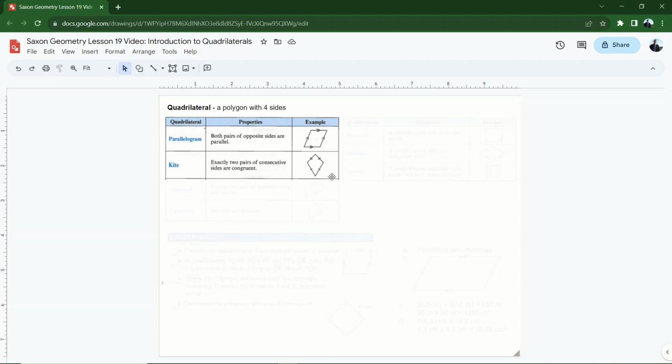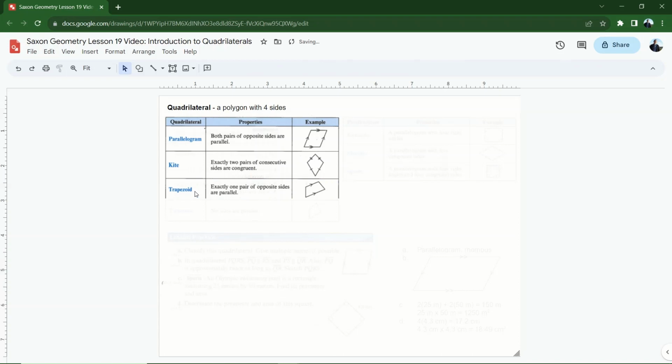Why does this take on the shape of a kite? The reason is that one of the pairs of sides is going to be longer than the other pair. There's still going to be congruent consecutive sides, but because we have one longer pair, that longer pair is always going to look like the bottom of a kite, and the shorter pair will look like the top of a kite.